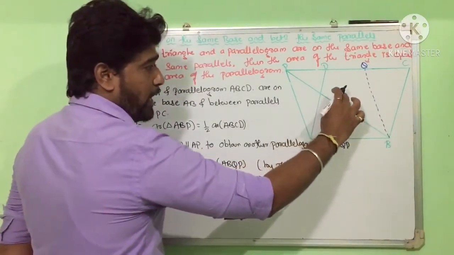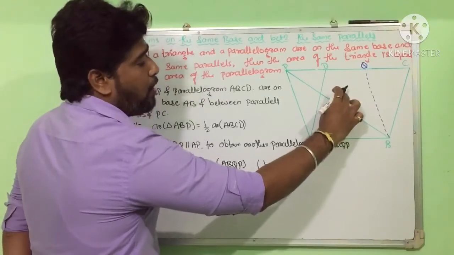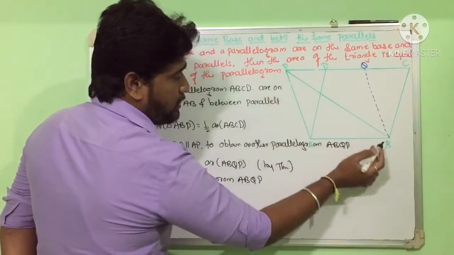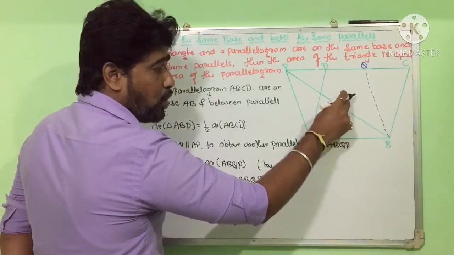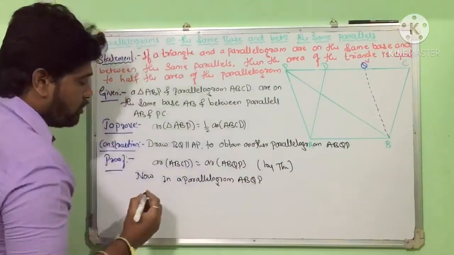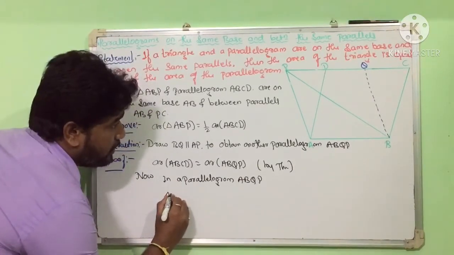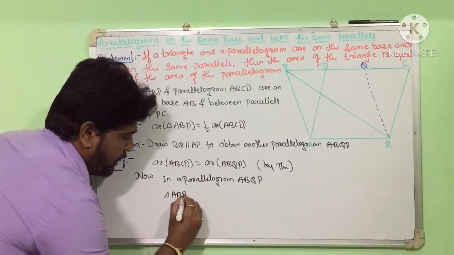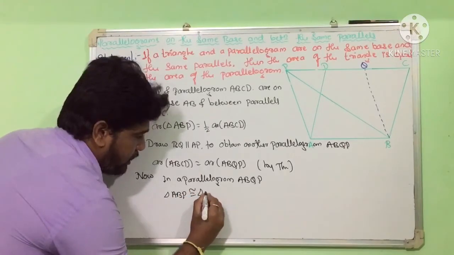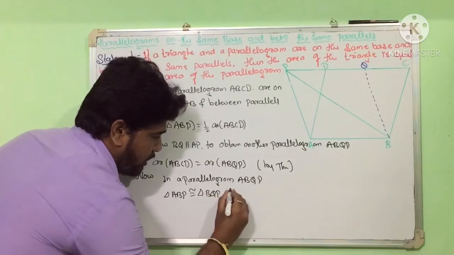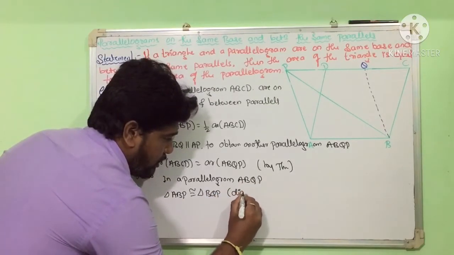These two triangles are congruent to each other because in a parallelogram the diagonal PB divides it into two congruent triangles. So write down here, the triangle ABP is congruent to the triangle BQP.